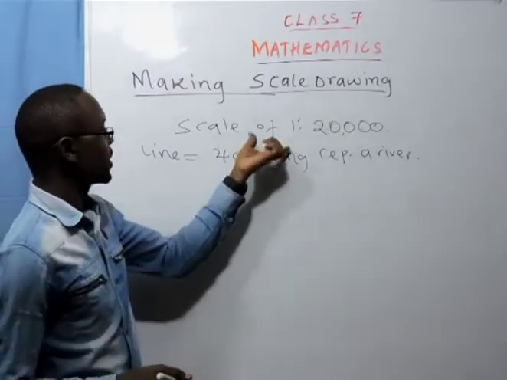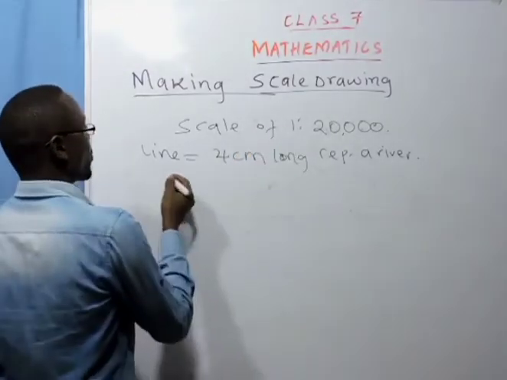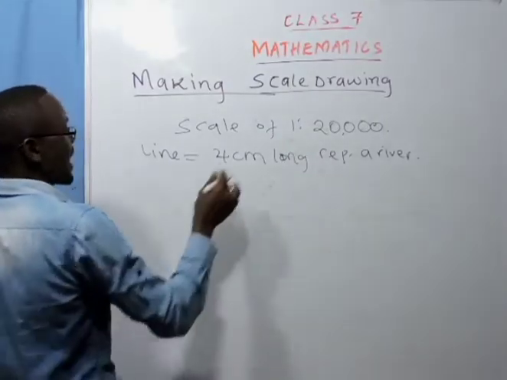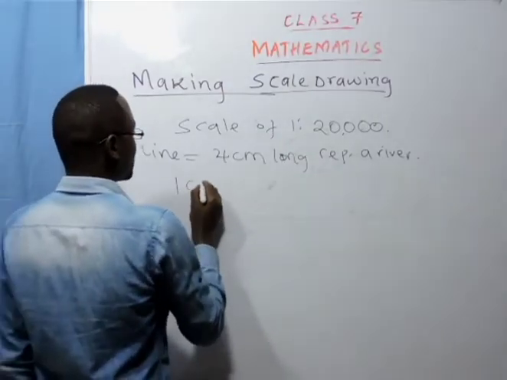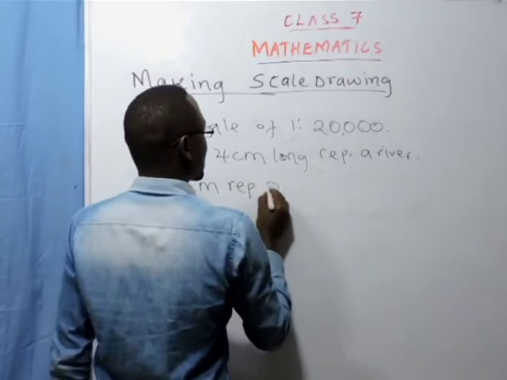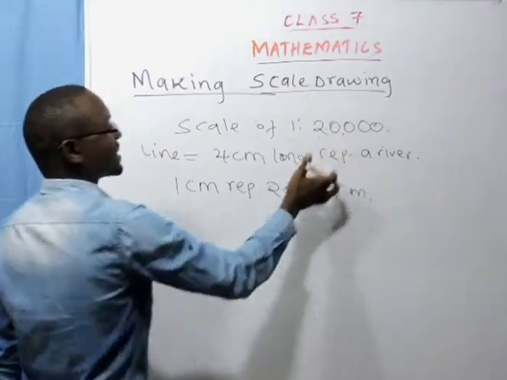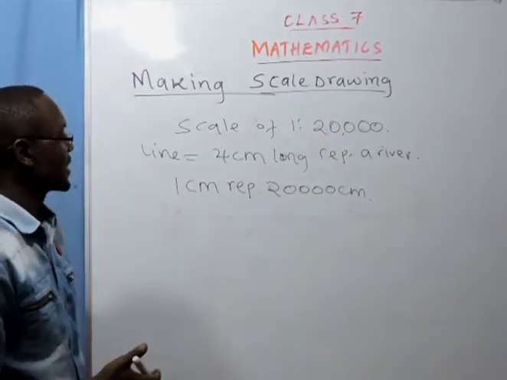So, using our scale, we now convert this scale from ratio scale to linear scale. Our scale will be 1 centimeter represents 20,000 centimeters. We just insert centimeters the way it is, as we said in the previous lesson.